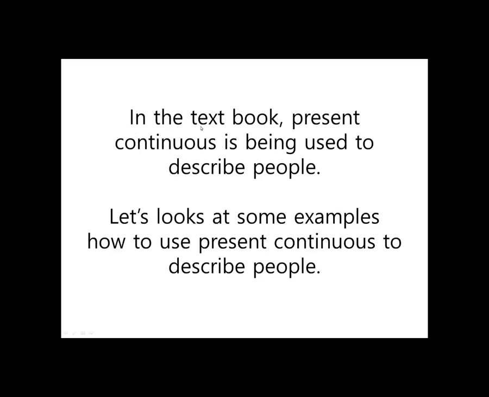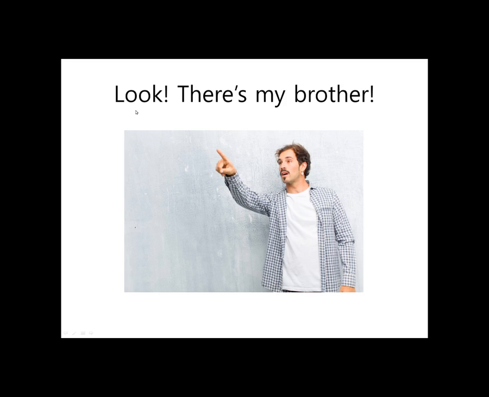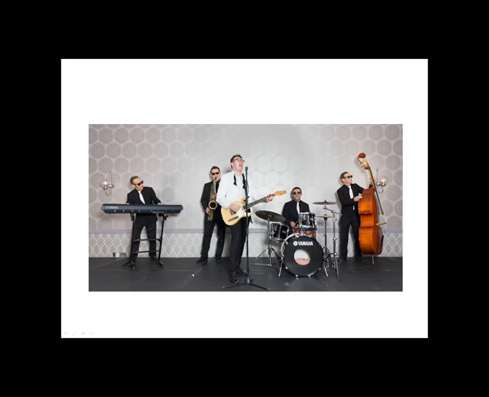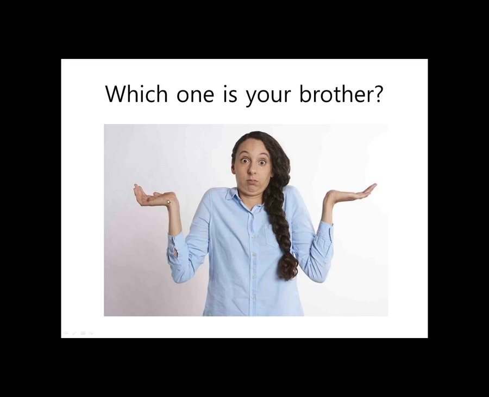Okay, so in the textbook, the present continuous is being used to describe people. So we will look at some examples how to use the present continuous to describe people. Okay, look, there's my brother. Oh, but many people. So how do we know who? Oh, which one is your brother?